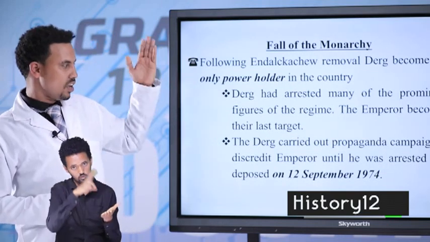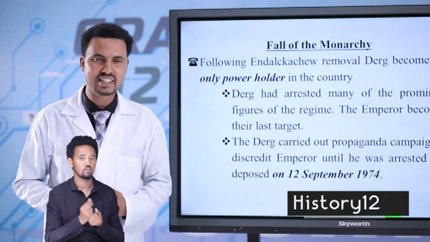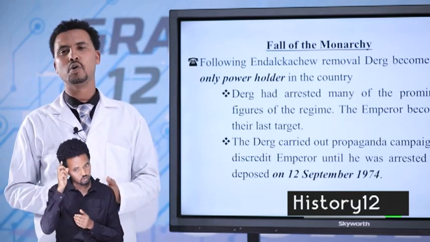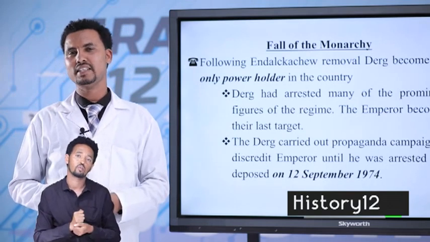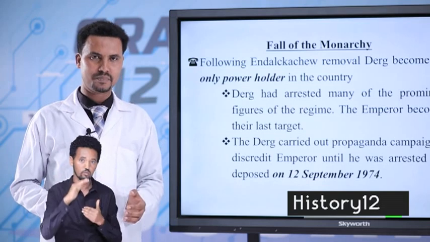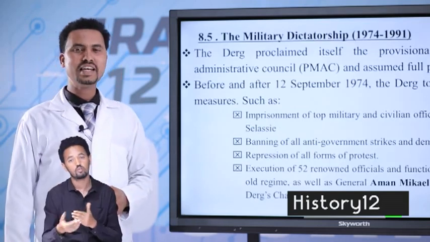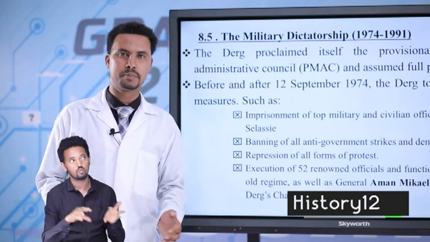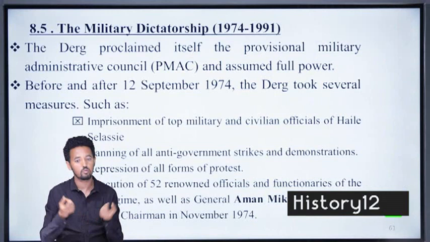Then he was arrested and deposed on September 12, 1974. Emperor Haile Selassie was overthrown from power. Student, the next lesson is the military dictatorship, 1974 up to 1991.